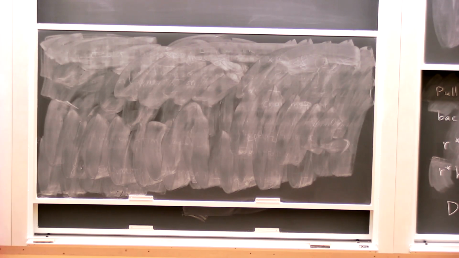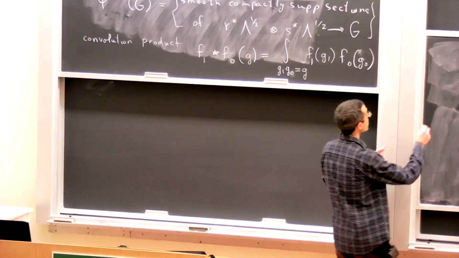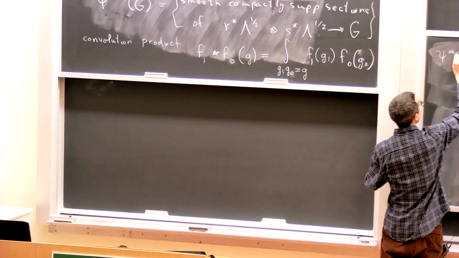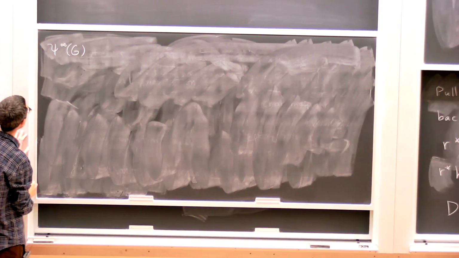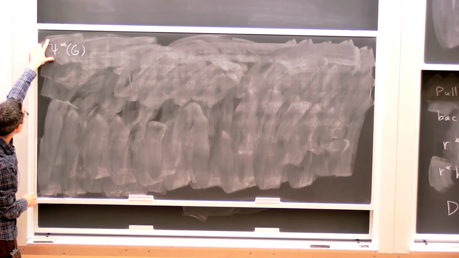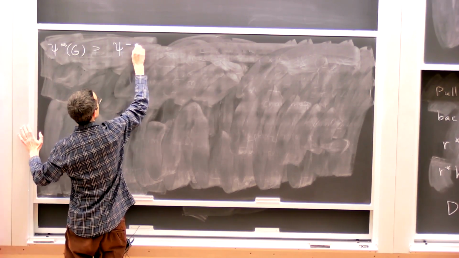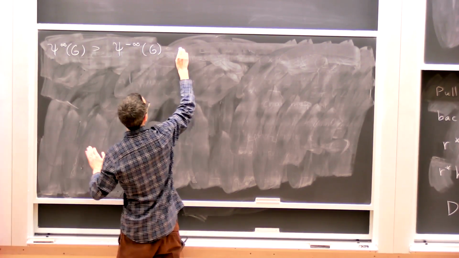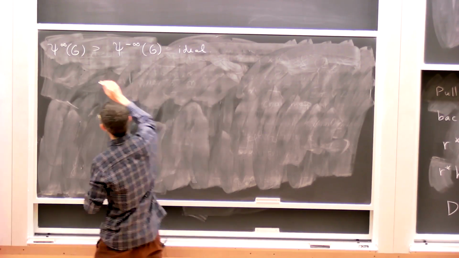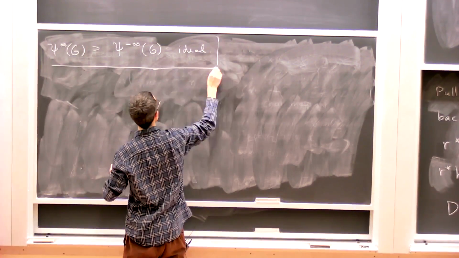If you set up the whole pseudo-differential calculus, this corresponds to the smoothing operators. There's also a larger thing which you might call Psi infinity of G, an algebra of pseudo-differential operators on the source fibers of the Lie groupoid, and this thing sits inside here as an ideal. But I don't think we'll really need that today.